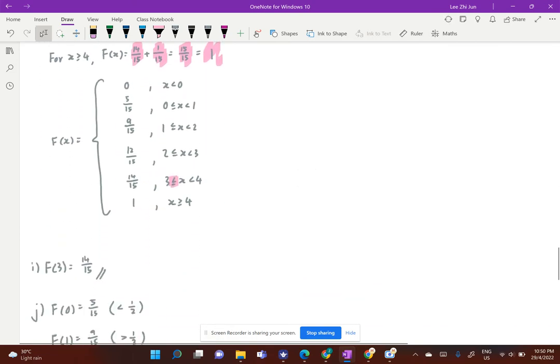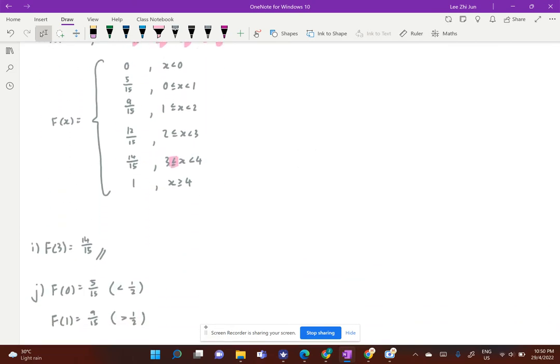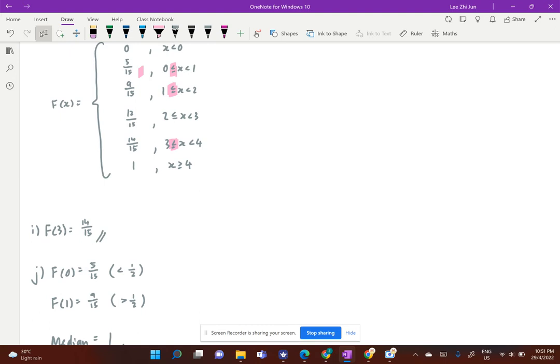As you can see, F(0) will be 5 per 15, which is less than 1 per 2. But F(1) will be 9 per 15, which is larger than 0.5, which is the half probability. So the value is included in this one. So the median will be 1.